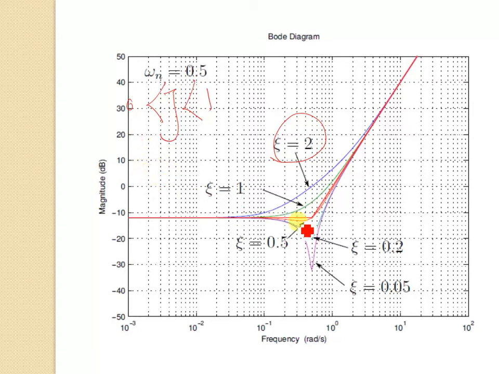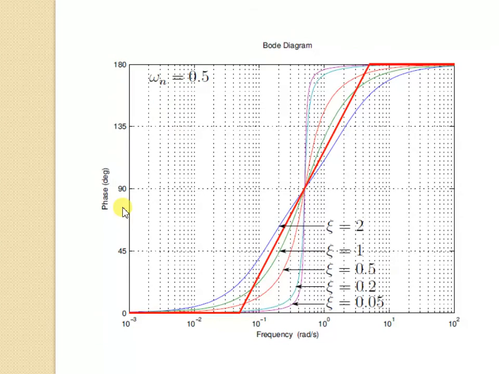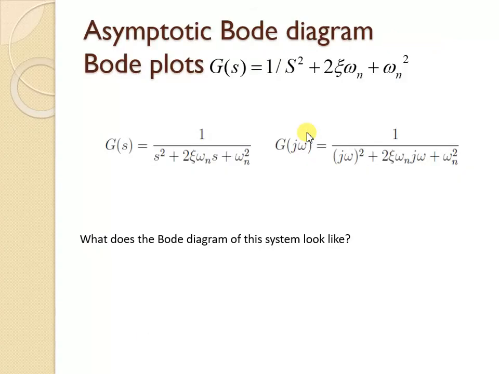Here we put sigma equal to 0.05, 0.2, and find the magnitude in decibels and the phase. We know that at omega equal to 0, the phase will be 0, and as omega goes to infinity, the phase will be 180 degrees. You can make the table and find the different values.